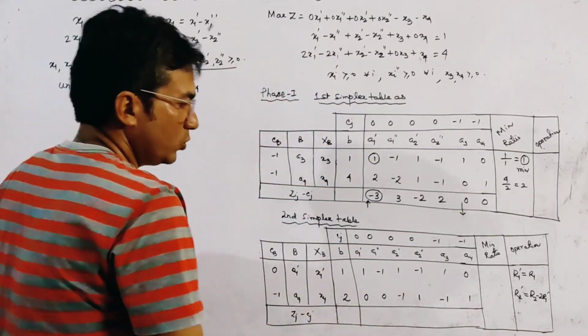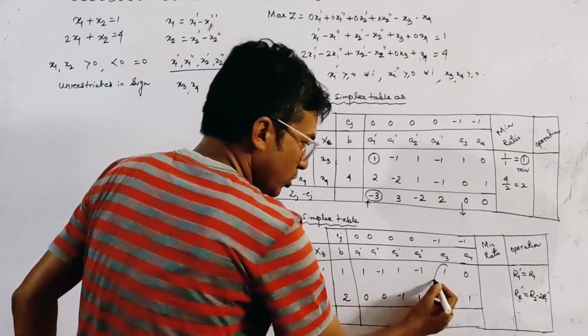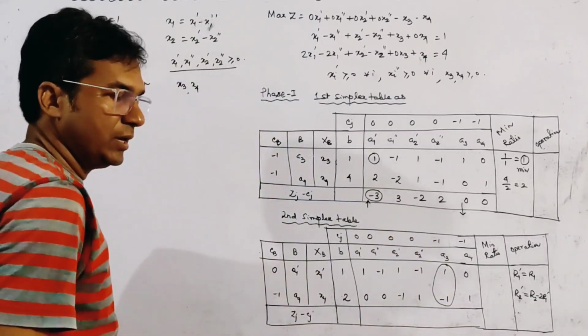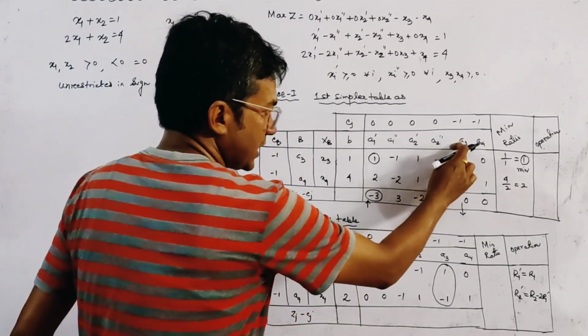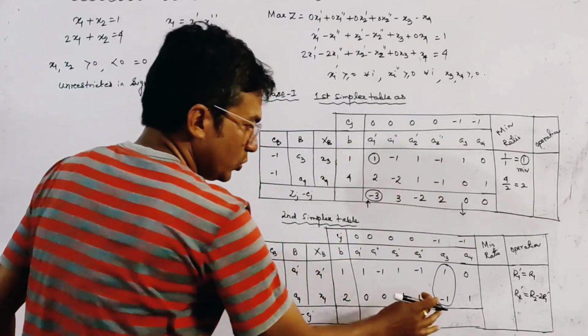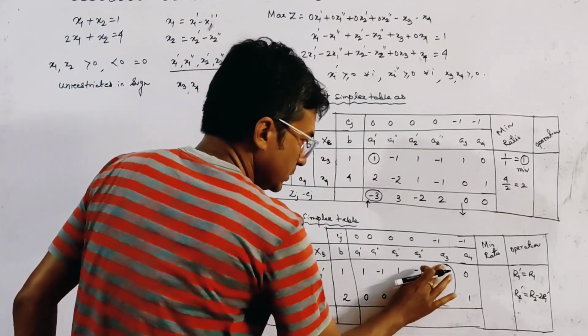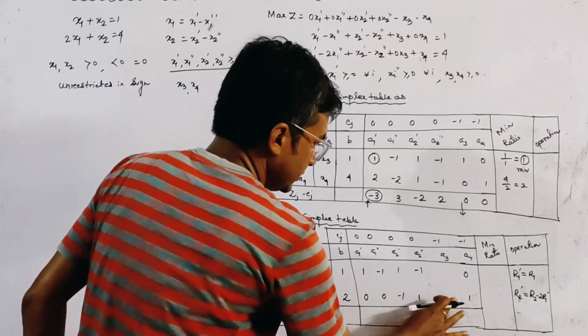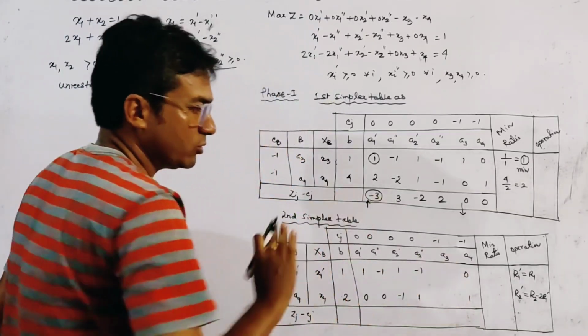Okay, and we can drop the calculation of this column vector, because a3 is an outgoing vector, and since a3 is an artificial vector, we can drop the calculation of this column, and we write this column as an empty column.